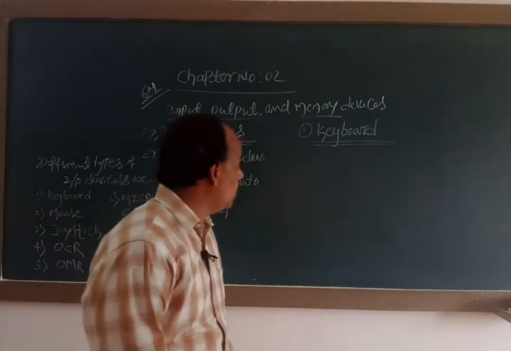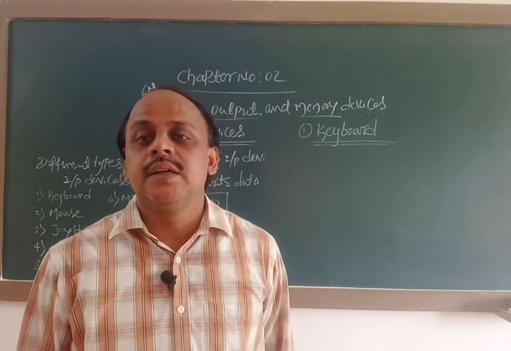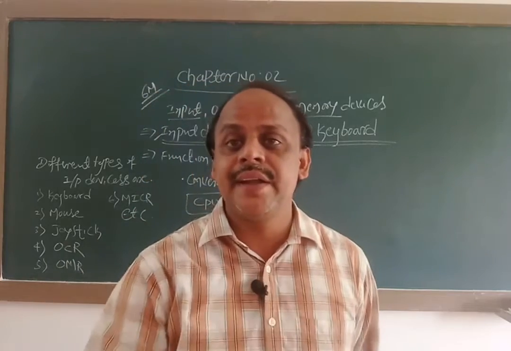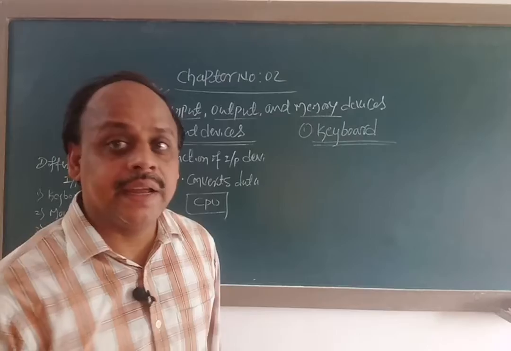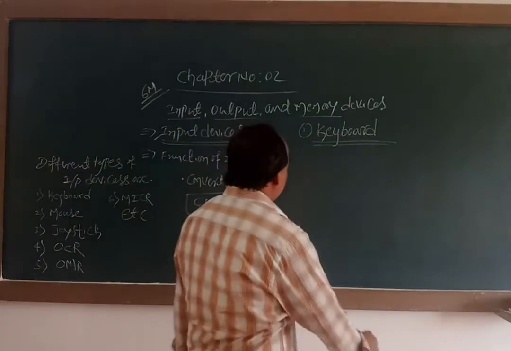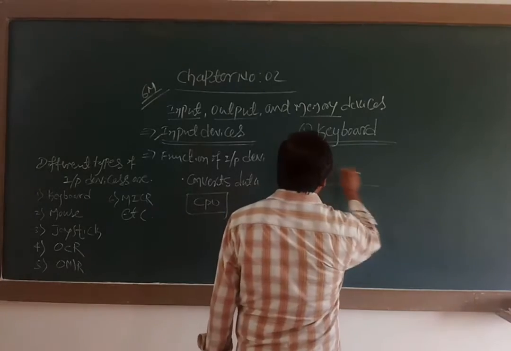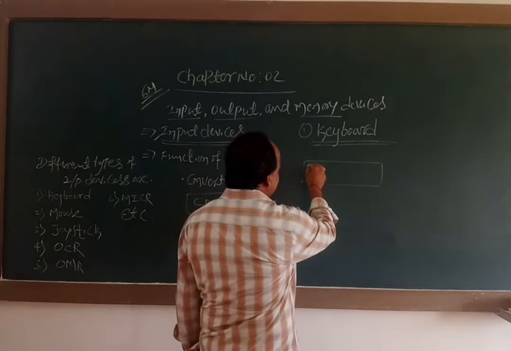Keyboard is one of the most commonly used input devices. It consists of a typewriter machine with 105 to 108 keys. I think you may have seen it, right? It will be like this keyboard. It is just like a typewriter machine.